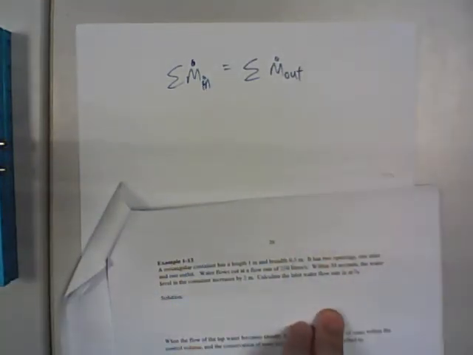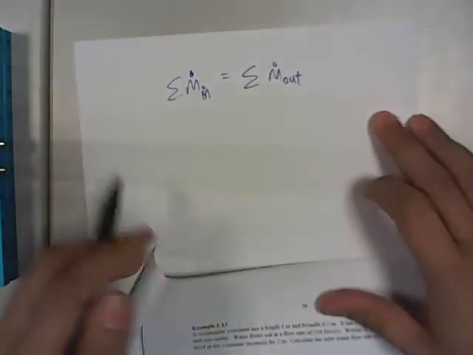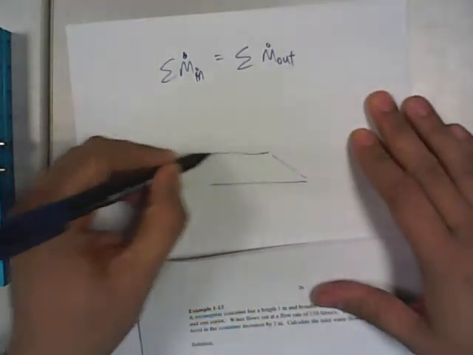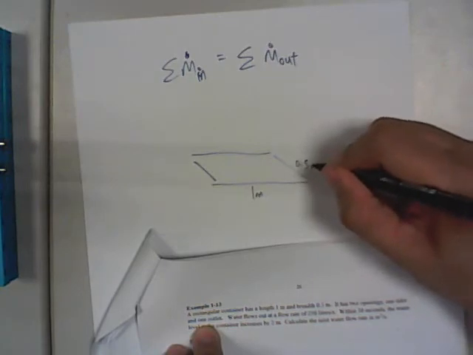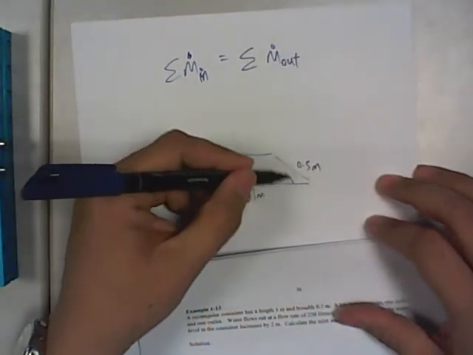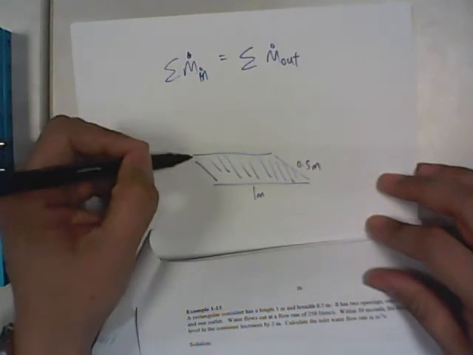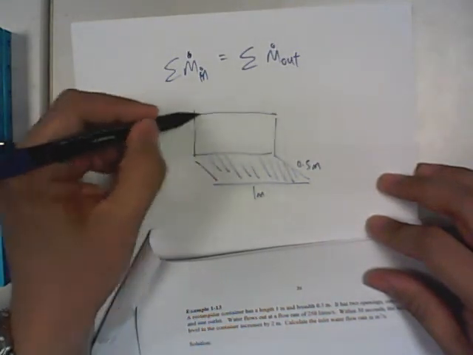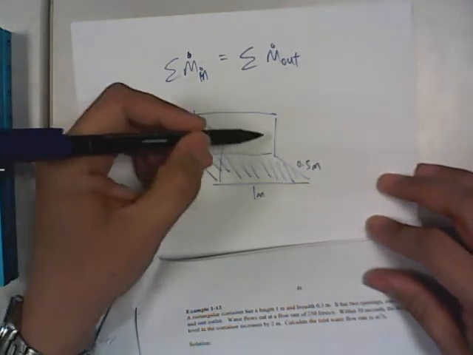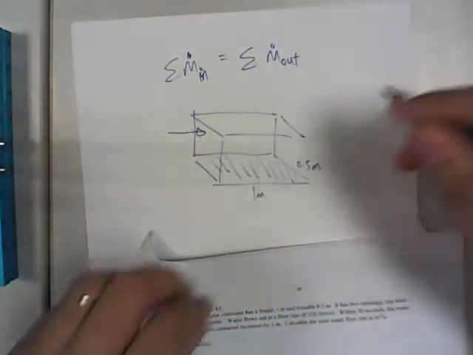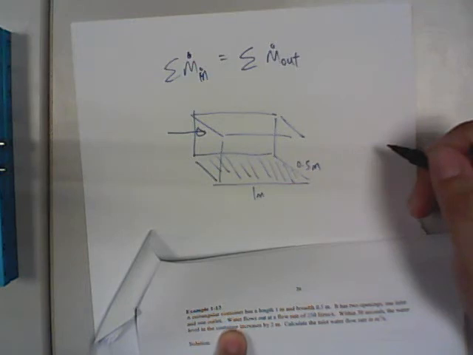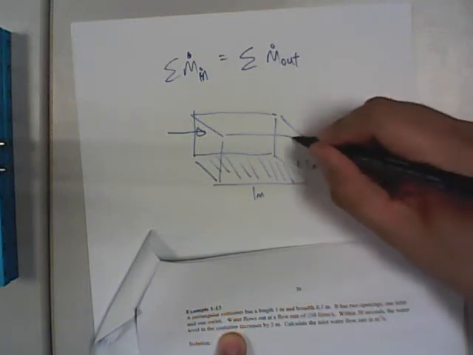So if we look at this case, it says that it has a tank of 1 meter by 0.5 meter breadth. So this is the base of the container, and then it's supposed to have a certain height. And water is coming in and going out.